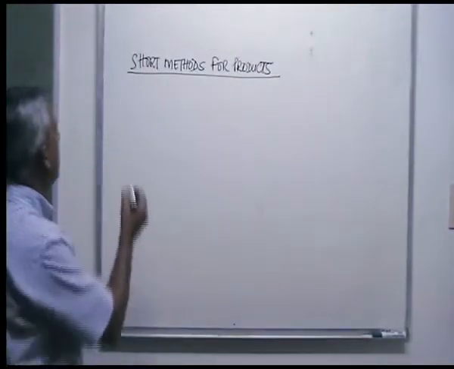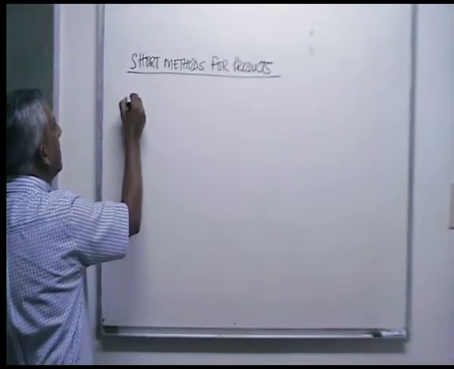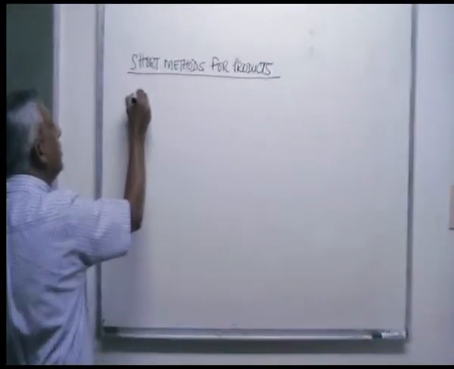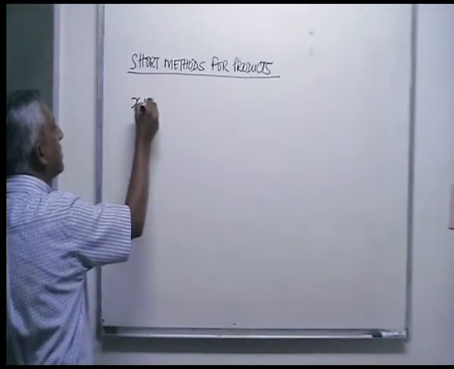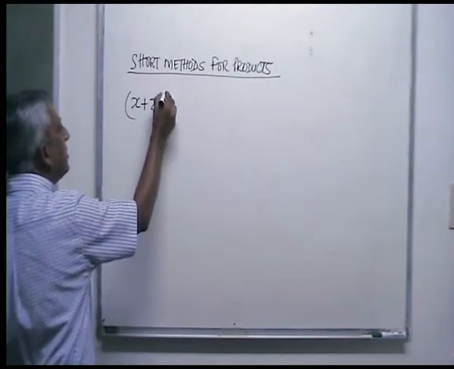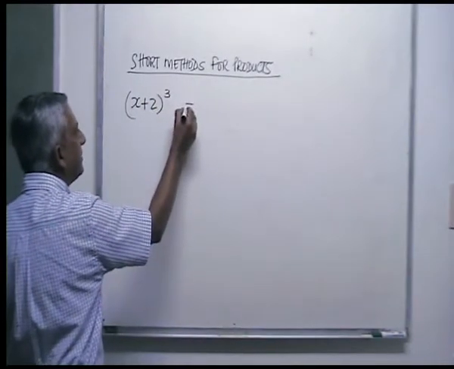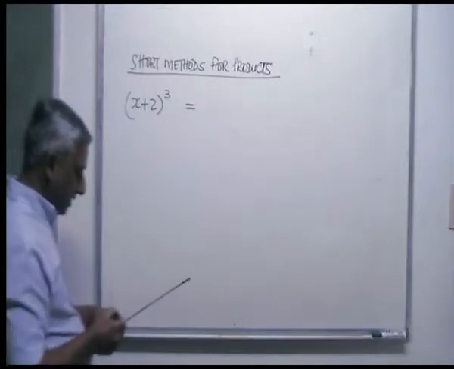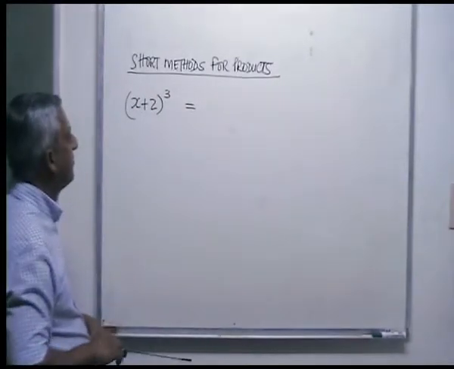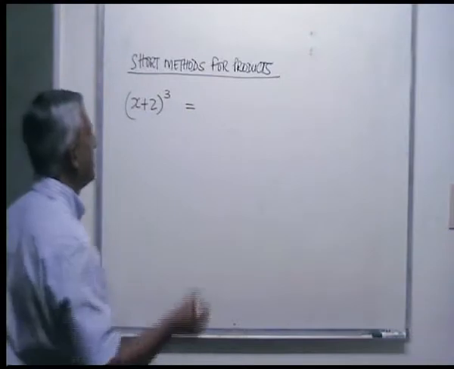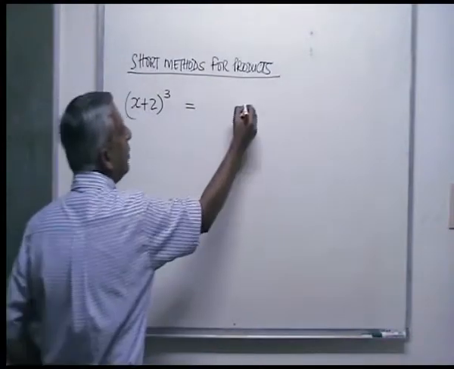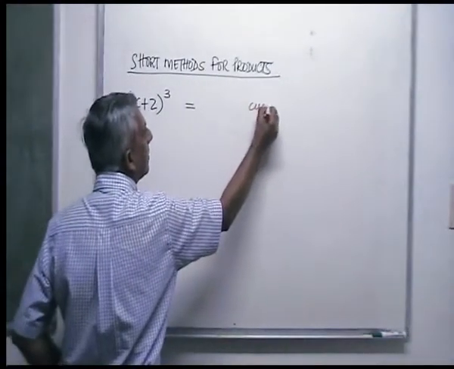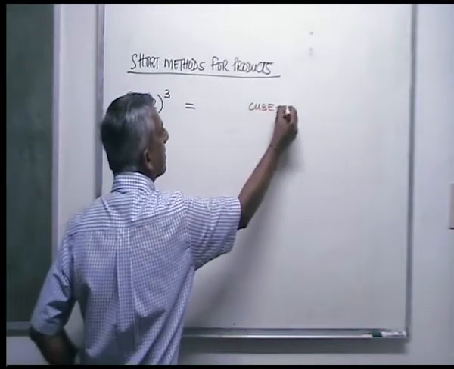Now we're going to do the short method for a binomial cubed. Say we've got (x plus 2) cubed, and we want to do the short method. So let's write the method down first. Now there's quite a few steps here, but it's easy. You cube the first term.